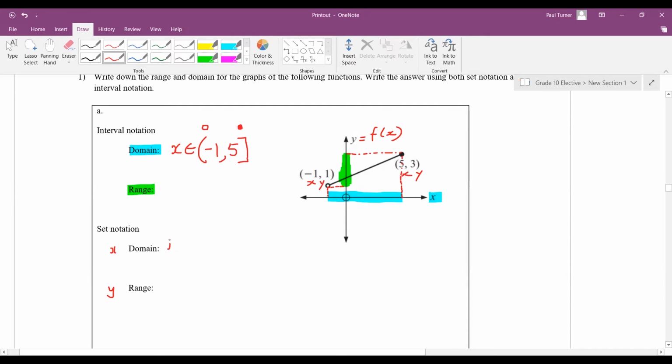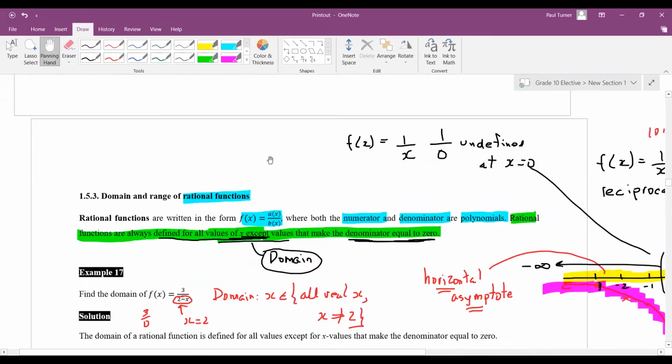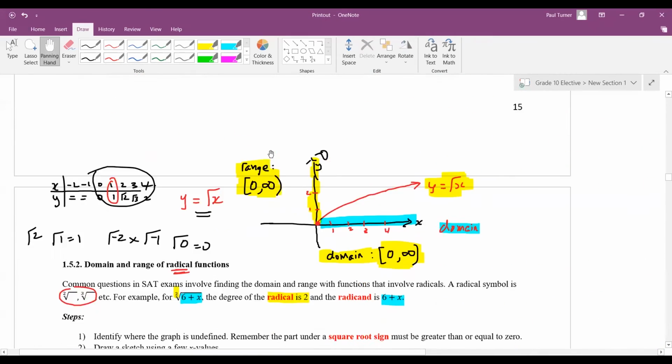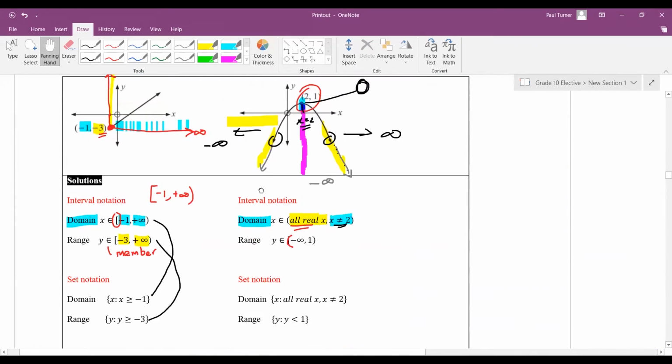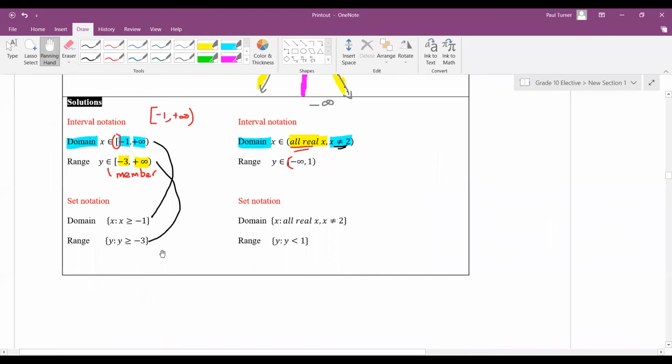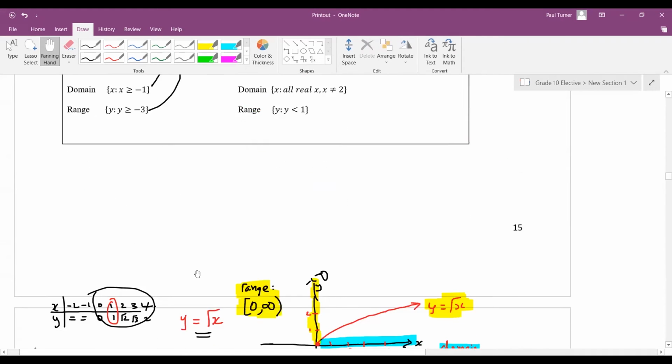So in this one, let's go back and check notation. It's good to know both notations, even if you don't use them in my test or worksheet. I think interval notation is easier. For set notation, x such that x is, then we use an inequality sign.